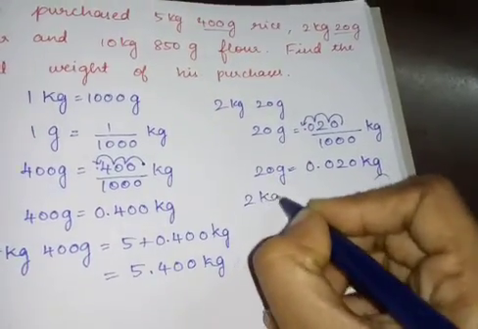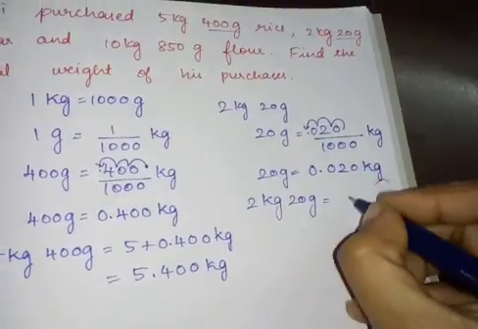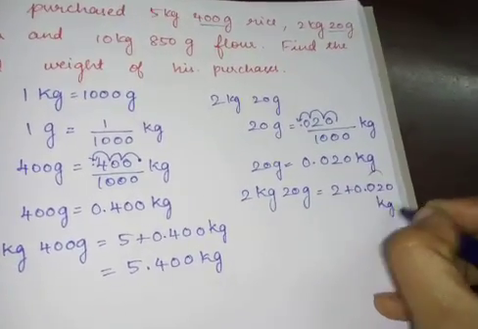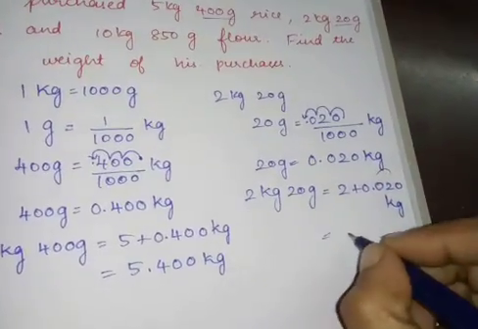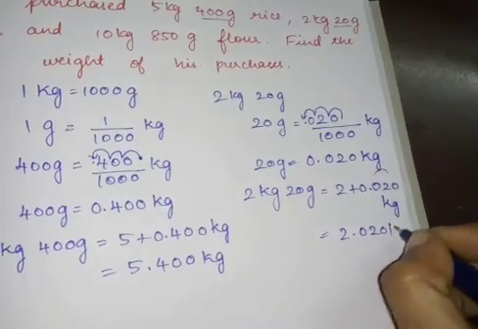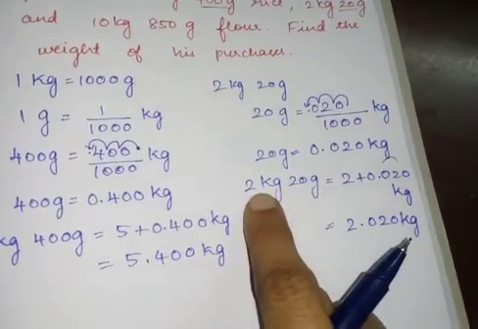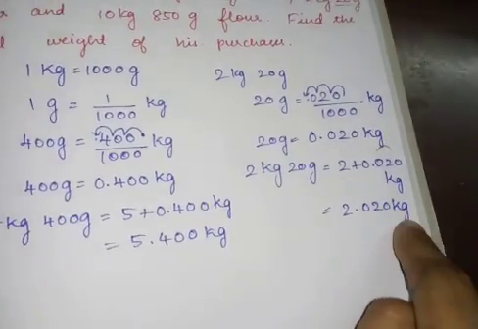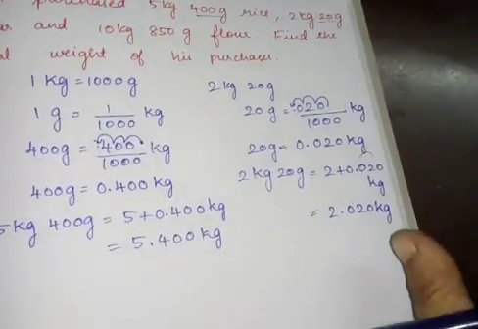So 2 kg 20 gram is equal to 2 plus 0.020 kilogram. Yes, just adding both, right? 2.020 kilogram. So now I have converted 2 kg 20 gram as 2.020 kilogram. Second one also I have converted.